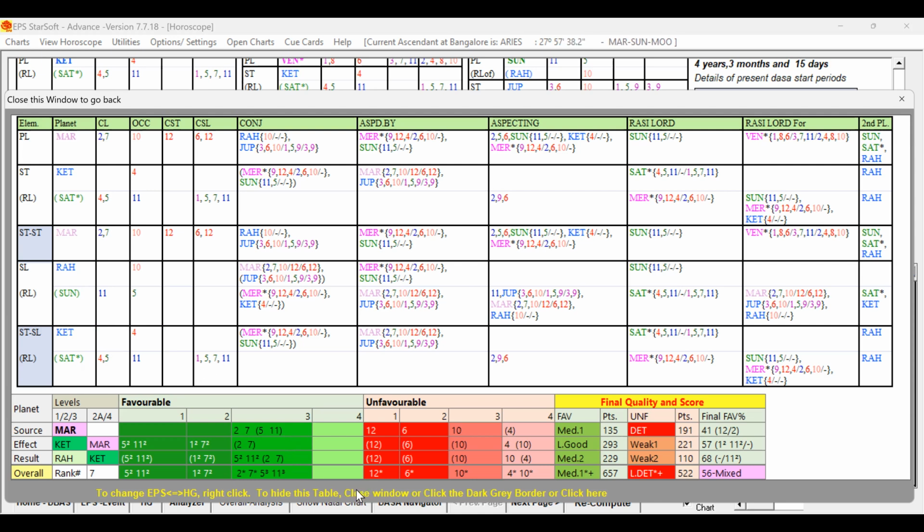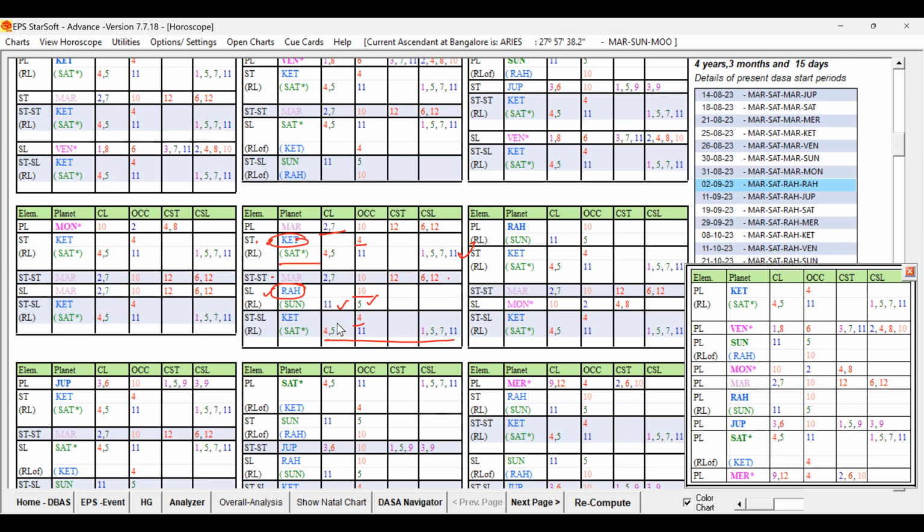So here the favorable key planets Sun and Saturn are strong, but they are represented by Rahu and Ketu. Rahu is getting the influence of the Sun and also Saturn through the Sun, and Ketu is getting the impact of Saturn.